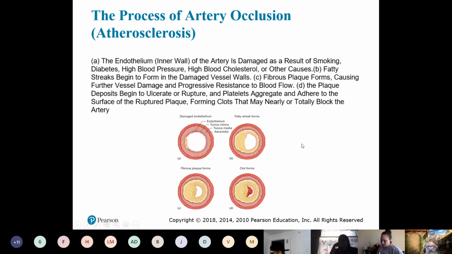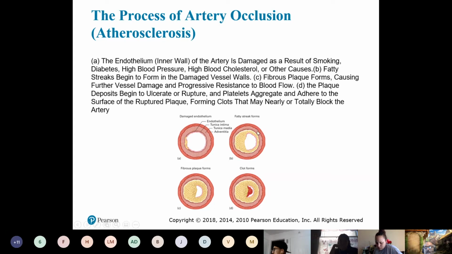So we've talked about the blood. So this is what's happening, so you understand. Here's a normal lumen, okay? You have a nice clear tube for the blood to go through. But you see how there's some damage right here. You have the plaque starting to build up, and as it goes, it gets bigger and bigger.